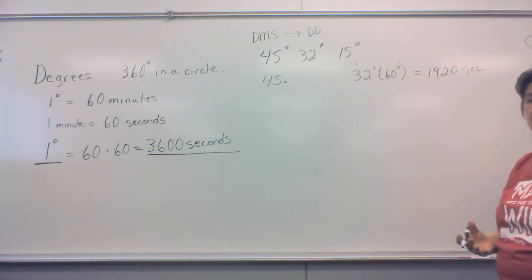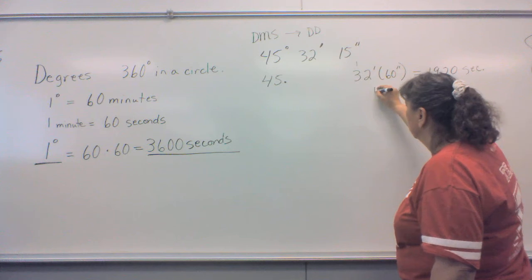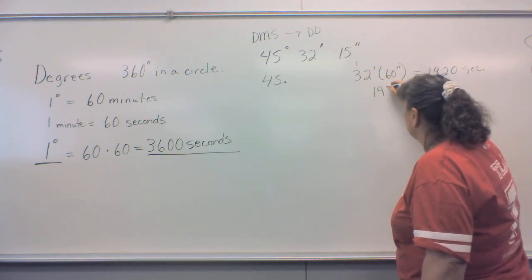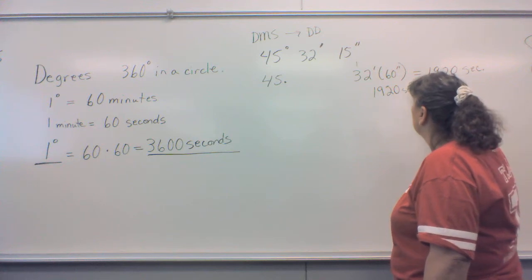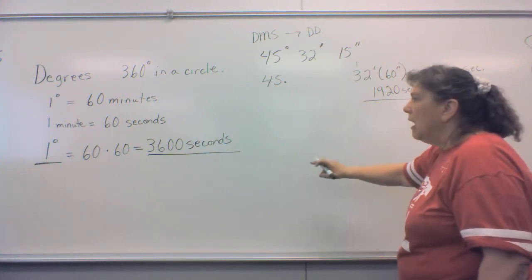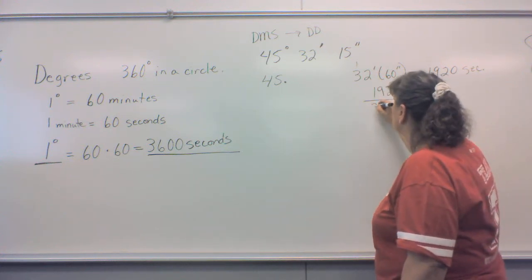Now, how much of a degree is that? Well, to find out, we have to take 1920 seconds divided by how many seconds are in 1 degree? 3,600.